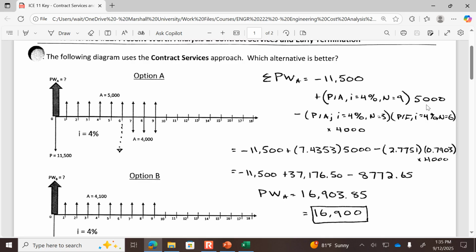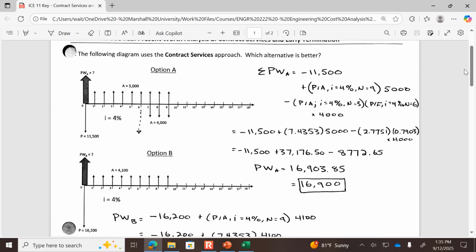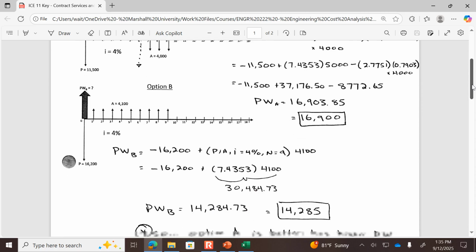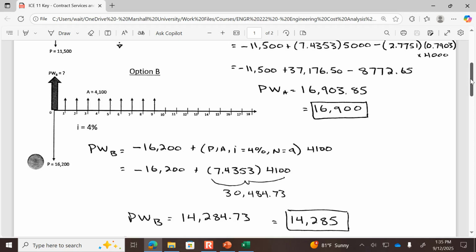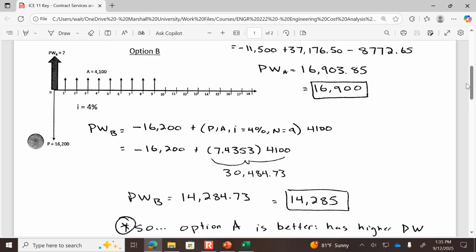Then option B is a little bit easier, because all I need to do is find P given A and add it to what's already at the present, and it has a present worth of 14,285. That one, because I have 5 digits on the only factor that I've used, I can round off to the nearest dollar instead of the nearest $10.